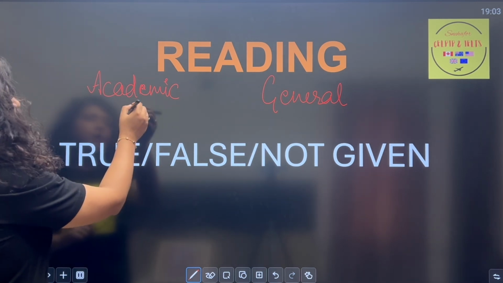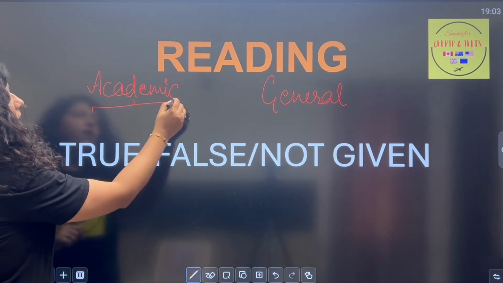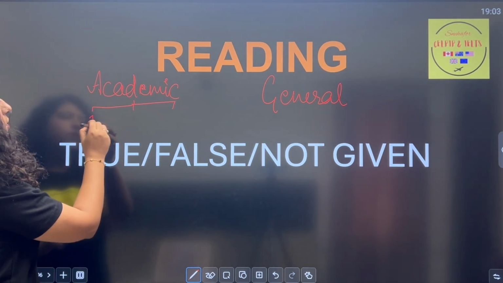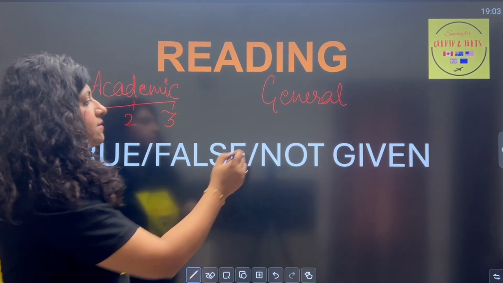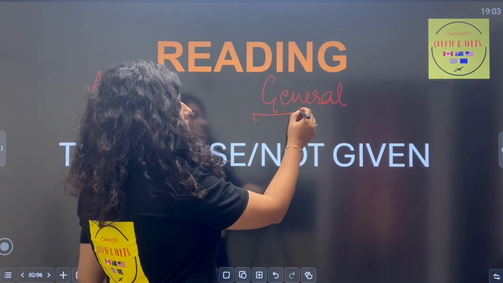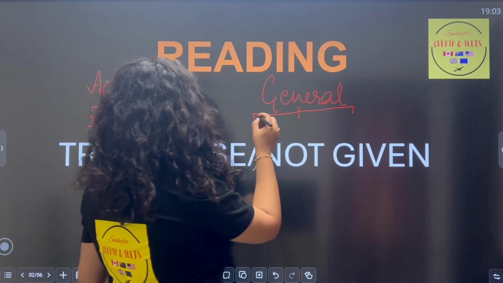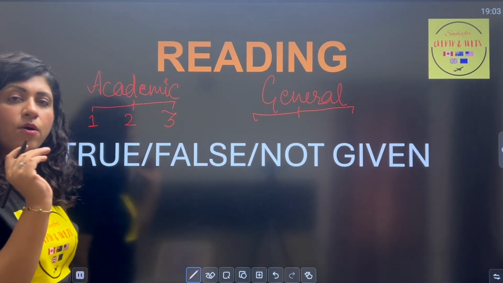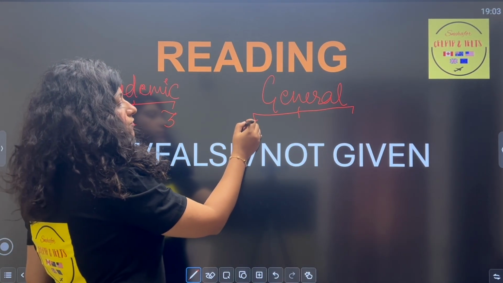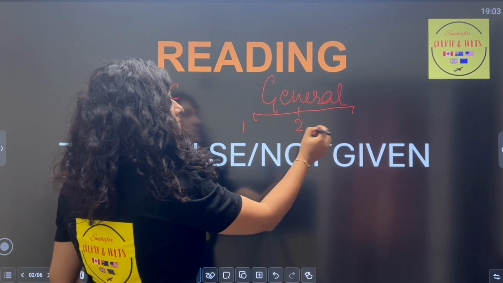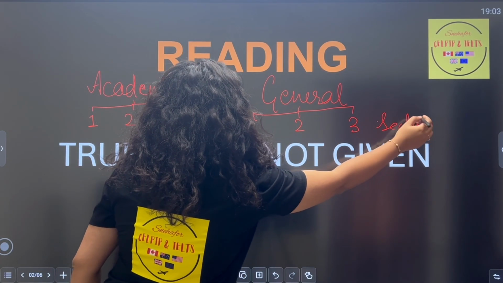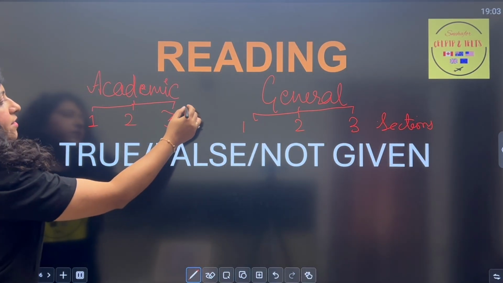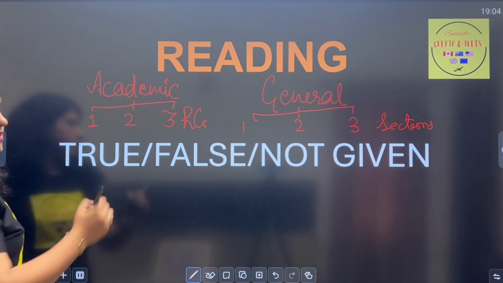Now, in academic, what happens is you are given 3 reading comprehensions in this module. On the other hand, in the general format of this examination, instead of 3 reading comprehensions, here you will find 3 sections. So these are sections in general and these are reading comprehensions in academic.